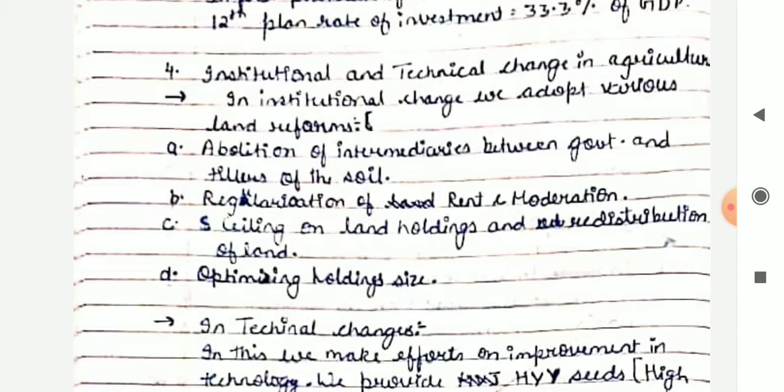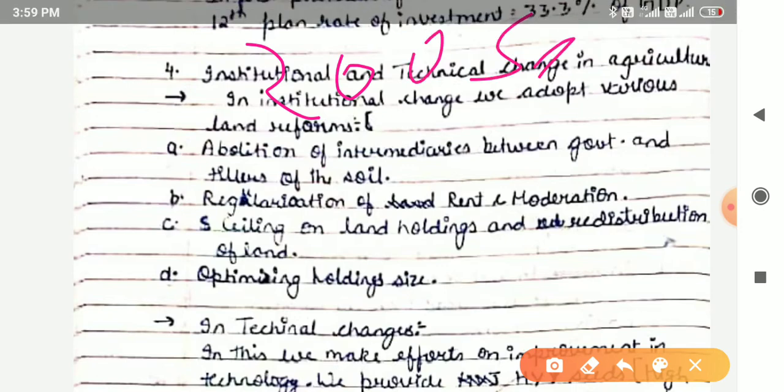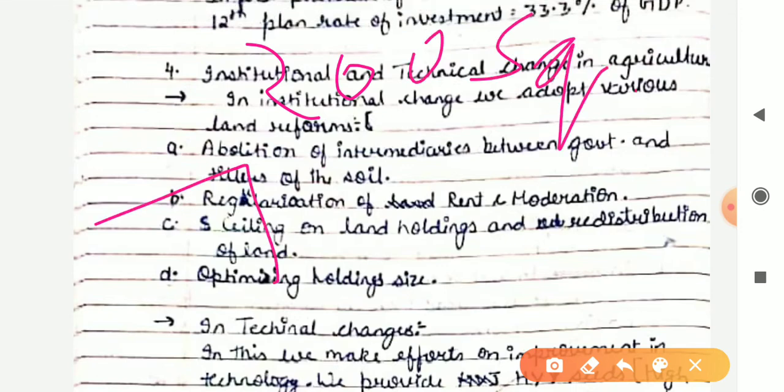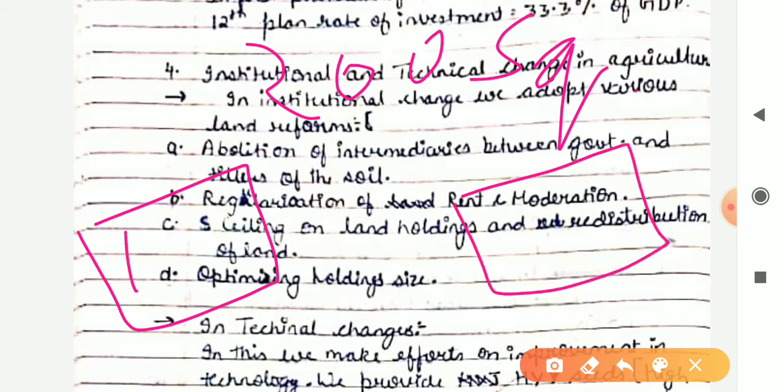Scattered land means if I have 200 square feet of land, then one part of land is here and another part of land is there. 100 square feet of land is at one place and 100 square feet of land is at another place. This situation was called scattered land holding during independence.